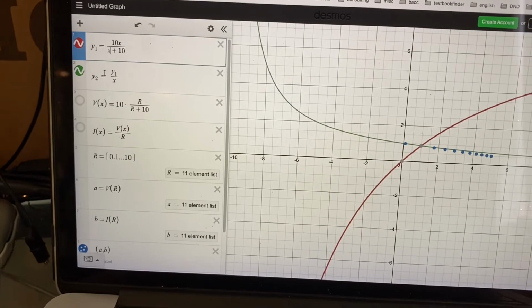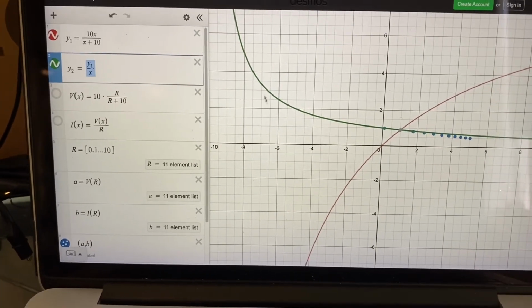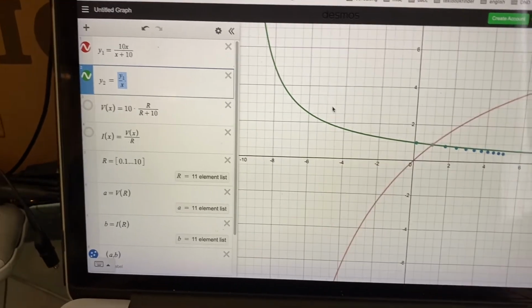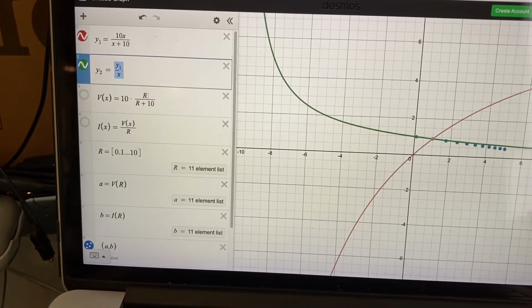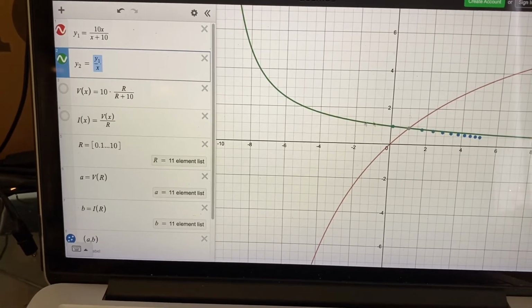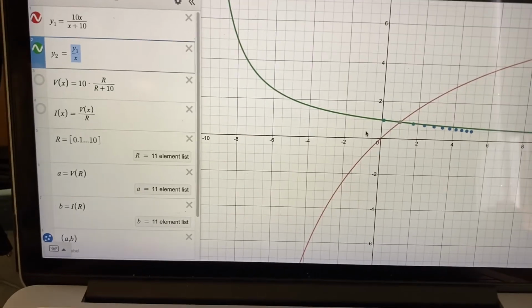Current is just that voltage over some resistance that we're changing as well. It's non-linear, but it turns out if we divide one by the other, and plot it at every point as a different resistance value, then it gives us our linear slope here.